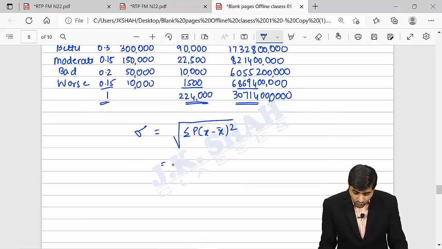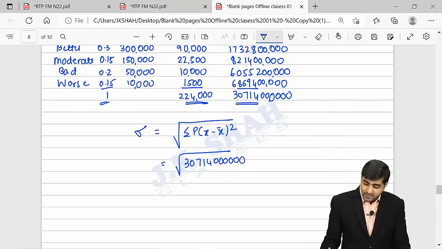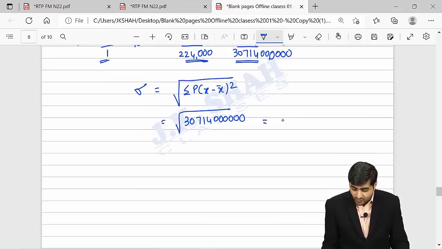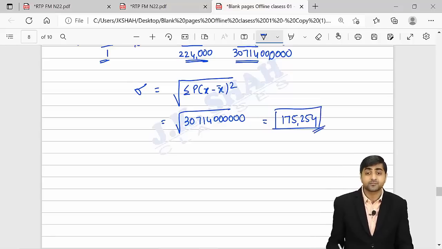So this will be root of 3714, and then the root of this will be nothing but 1,75,254. So this is your standard deviation.